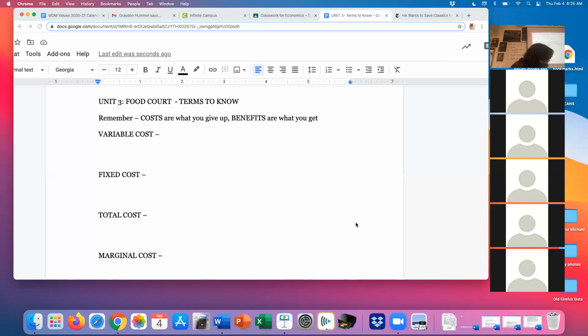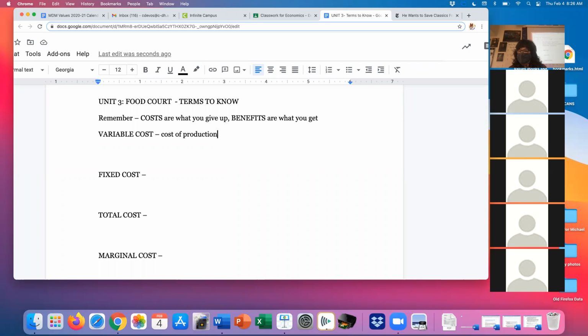All right, so a variable cost now. A variable cost is a cost of production, and hopefully this is big enough for you all to see. Production is when we make stuff, right? When we make the goods or services.